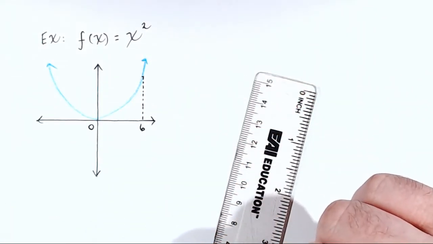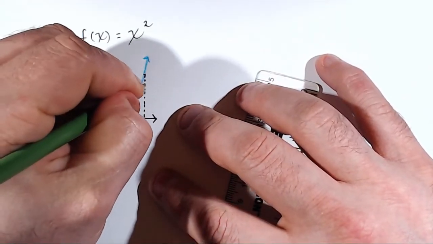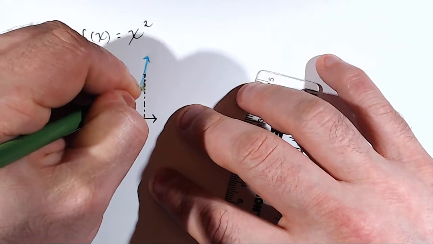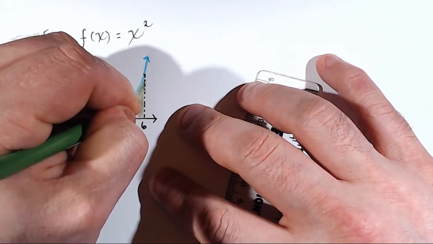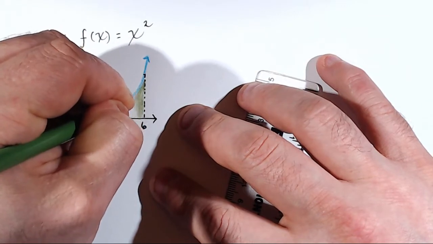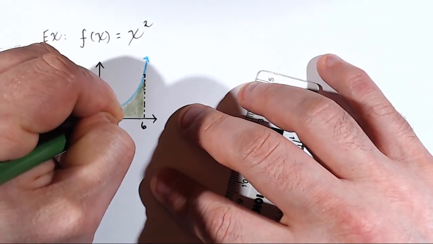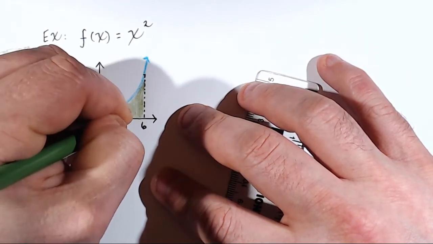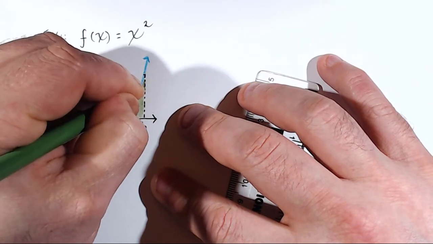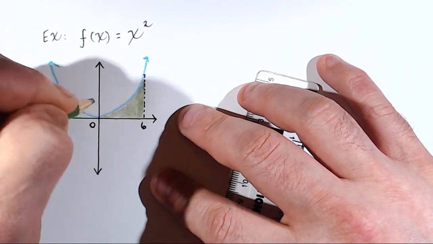Let me shade this region in here with this green. So I want to find out what this green area is right here. And once you see the area that we're trying to find, you can see why it would be somewhat difficult to find it using a ruler or a traditional area formula.